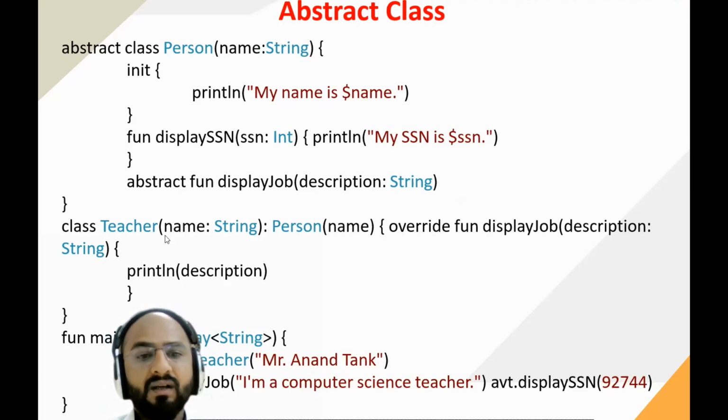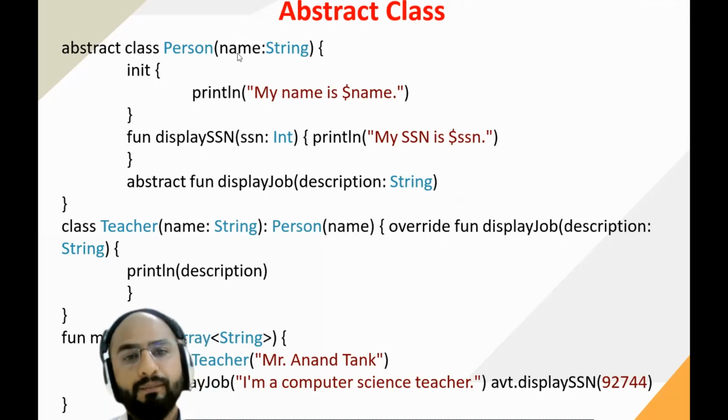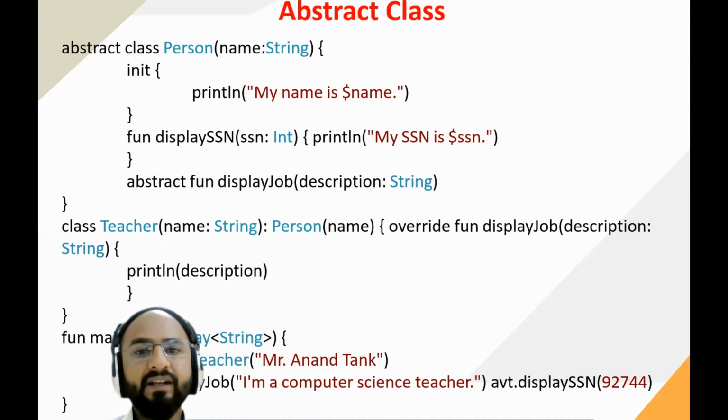This teacher is inheriting the person property, so that name will go to the person name also, right? And it will print "My name is Mr. Anand Tak" first. And then I have called the method display job. So this display job method of the teacher class will be called. Okay. And "I am a computer science teacher" will be displayed on the console.